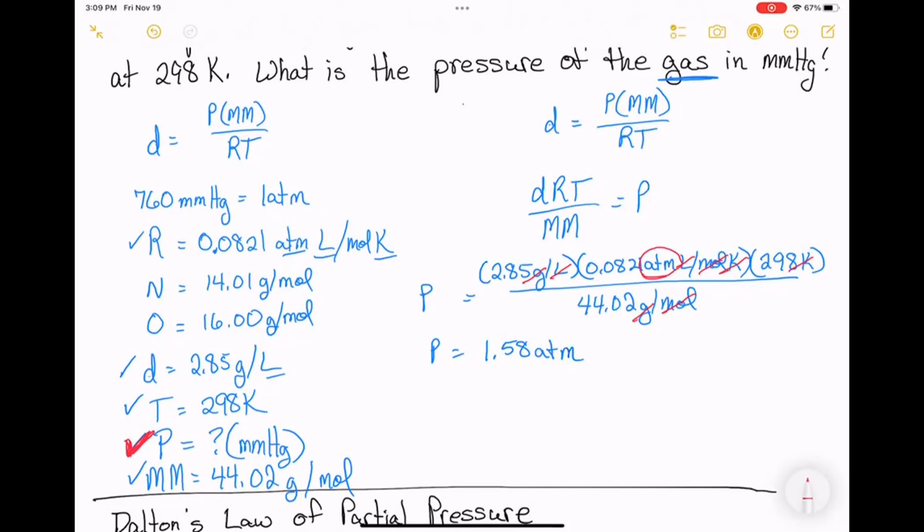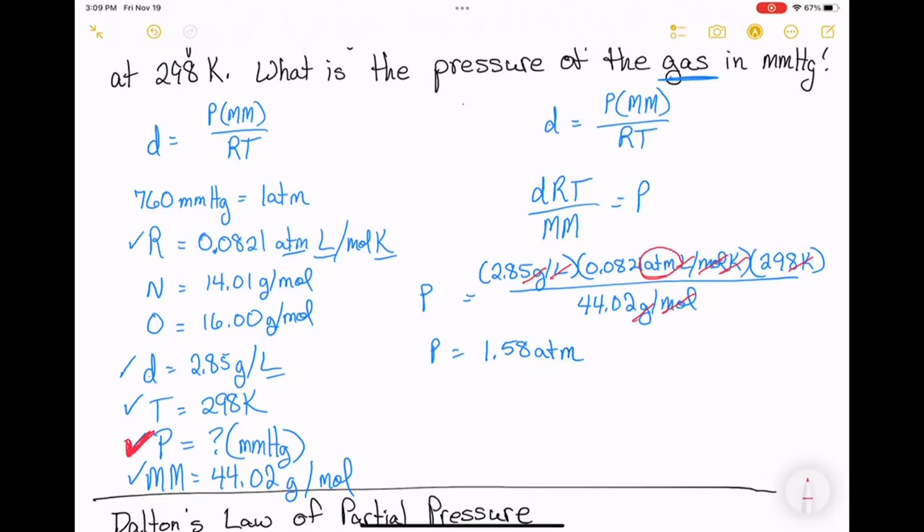And again, one of the most common things I see is people don't pay attention to their units. Folks, gas laws, if you don't pay attention to your units, you will get it wrong a lot of the time. Units are essential in gas laws.